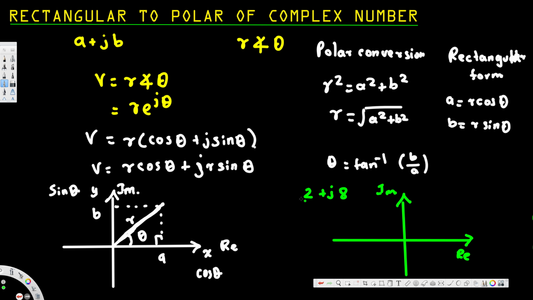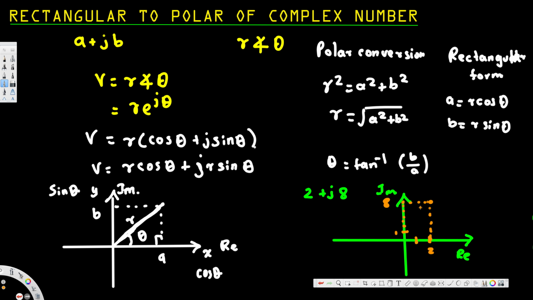In the real part we have 2, so this is 1, this is 2, and in the imaginary part we have 8. So let's say this is 1 2 3 4 5 6 7 8, somewhere here. This is going to be the location. So this is in rectangular form.